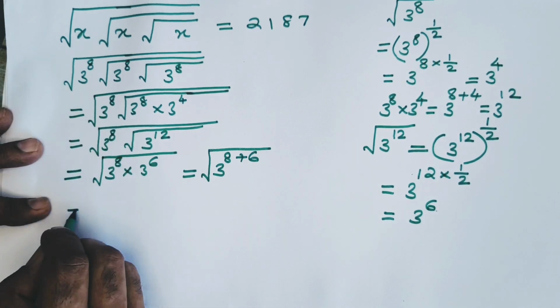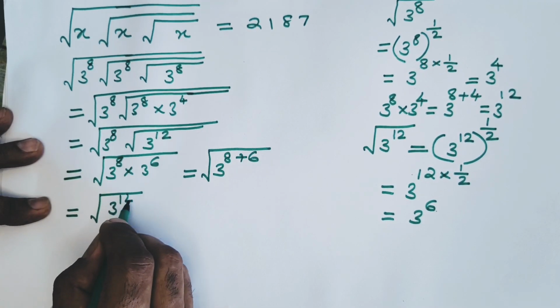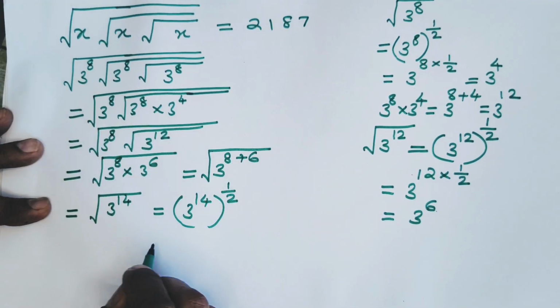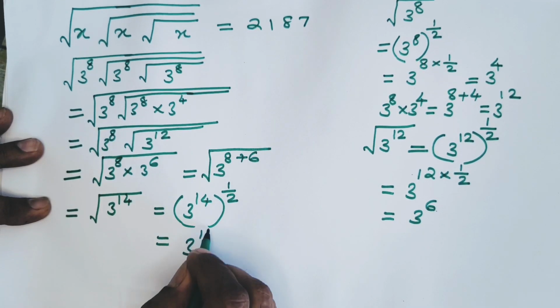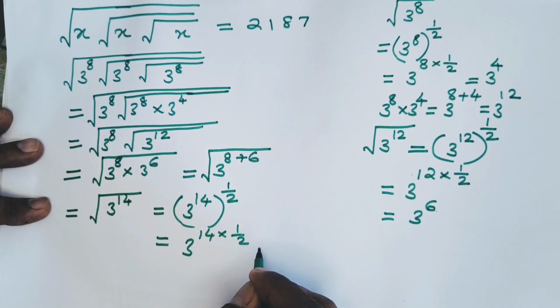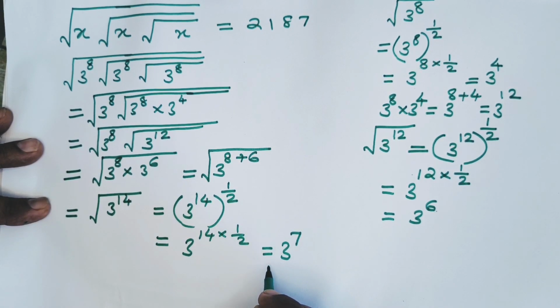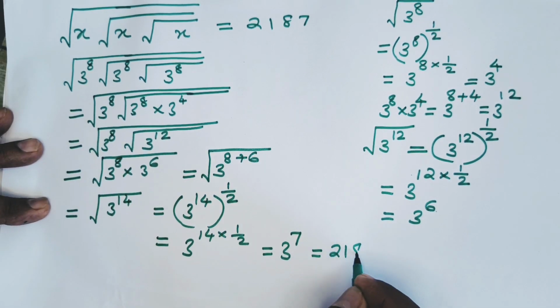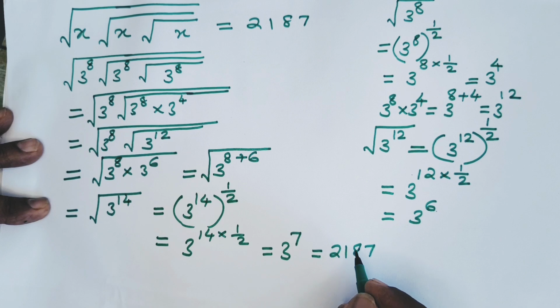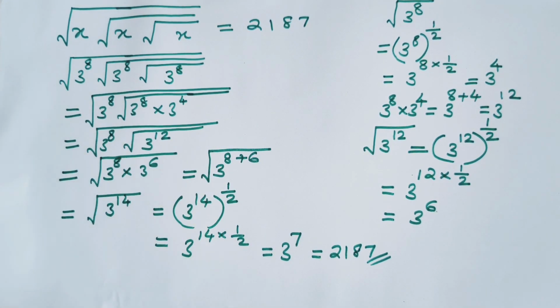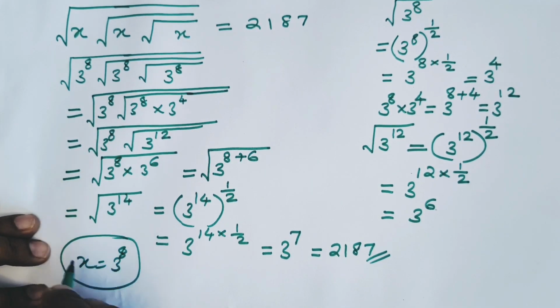And that's equal to the square root of 3 to the power 14, which is 3 to the power 14, the whole raised to 1 over 2, and that's equal to 3 to the power 14 multiplied by 1 over 2, which is 3 to the power 7. And 3 to the power 7, if you expand by multiplying 3 by itself, you will get 2187, which was the right side of the equation. So the solution we had was correct. Solution is x equal to 3 to the power 8. This is the final answer.